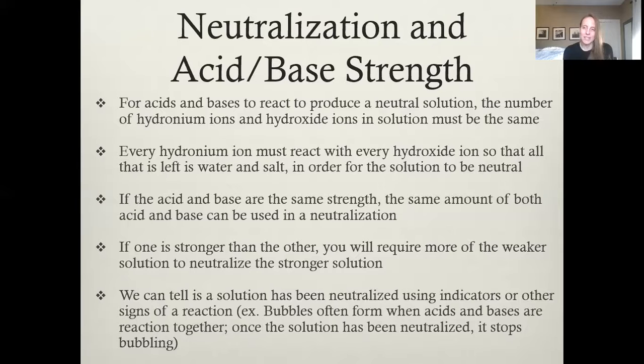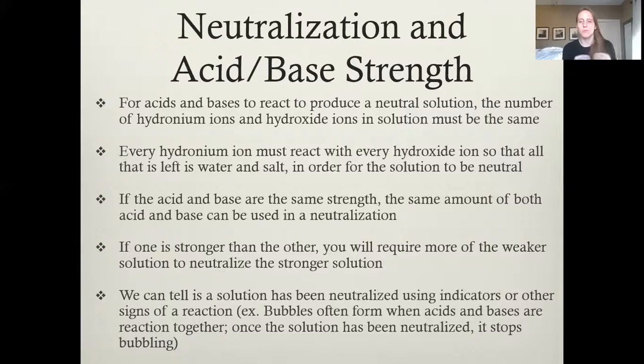So as long as your acid and base are the same strength, then as long as you use the same amount of both of those, they will fully neutralize each other. If, for instance, your acid is stronger, you will need more of the base in order to neutralize the acid, and then vice versa. So whichever one is weaker, you'll need more of it in order to neutralize the stronger one. And that all comes down to percent ionization.